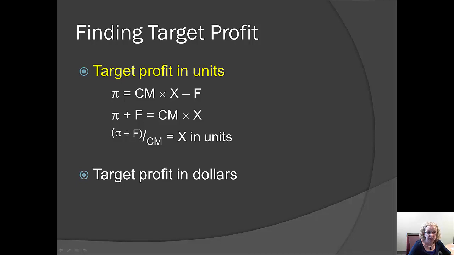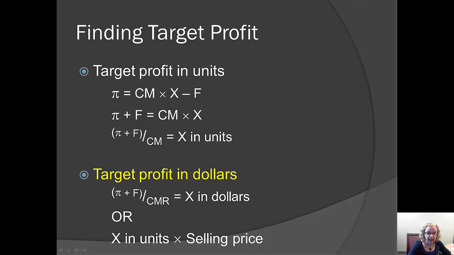One way is to use the contribution margin ratio. We can take the profit that we want plus the fixed costs that we have to cover and divide by the contribution margin ratio. And that will automatically tell us how much sales revenue we need to generate in order to cover both the fixed cost and the desired profit that we seek.